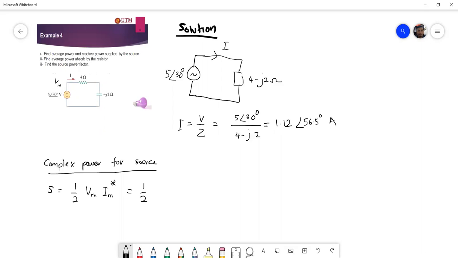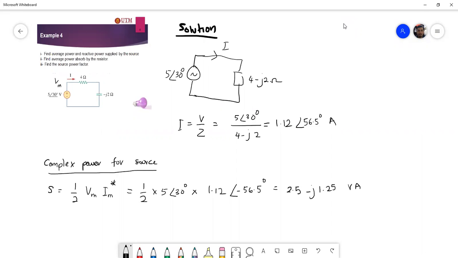Vm is 5 with an angle of 30 degrees, multiplied with the I conjugate, 1.12 at negative 56.5 degrees, which will give you the answer of 2.5 minus j1.25 VA.